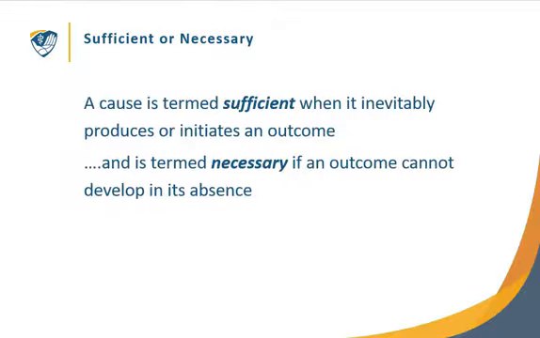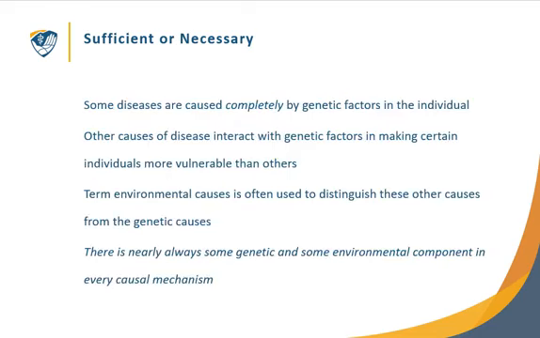A cause is termed sufficient when it inevitably produces or initiates an outcome. And a cause is termed necessary if an outcome cannot develop in its absence. Now, some diseases are caused completely by genetic factors in the individual.